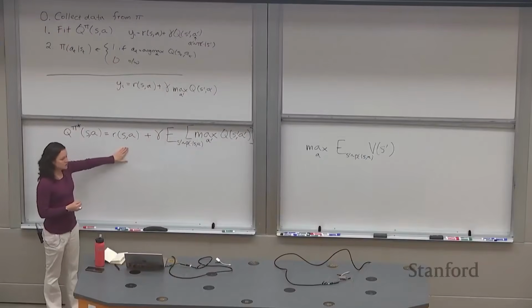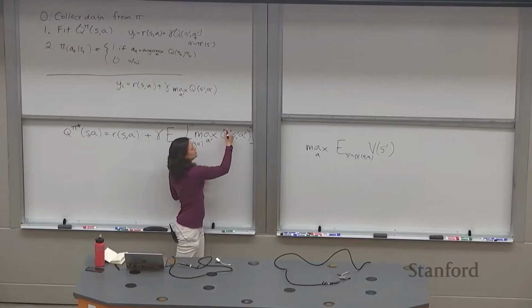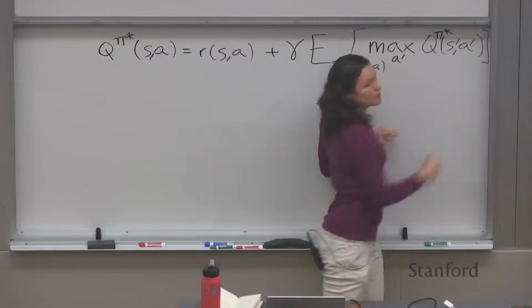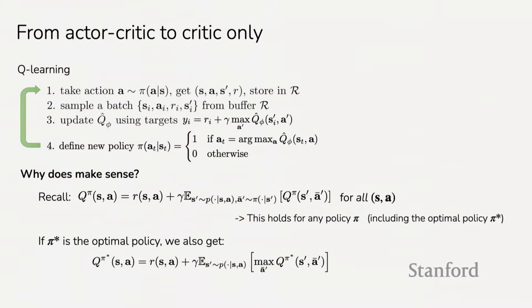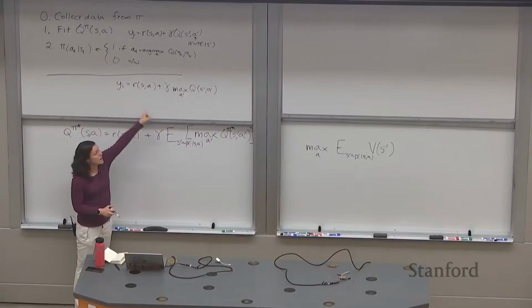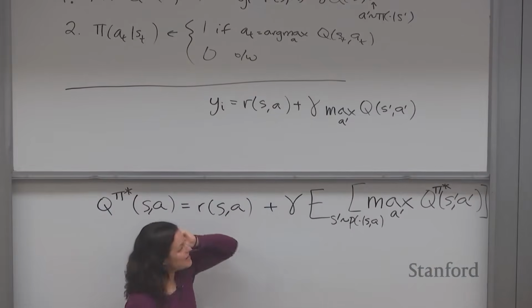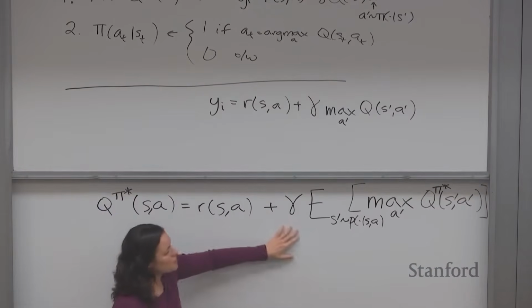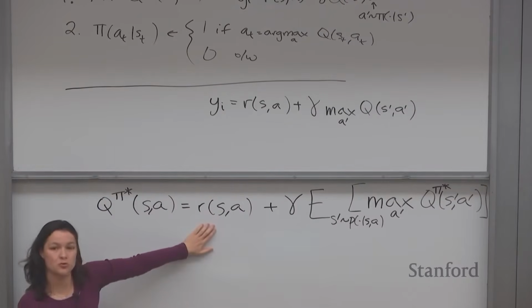So now going back to this equation, this is true for the optimal policy. And we write Q for the optimal policy here, where I'm writing pi star as the optimal policy. If you look at our update right here, we're trying to fit a Q function that's predicting this. Essentially, you can think about this update as actually trying to make this equation true.